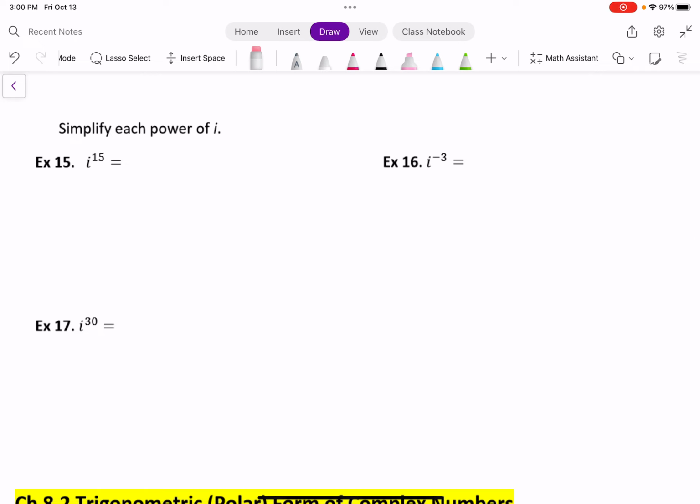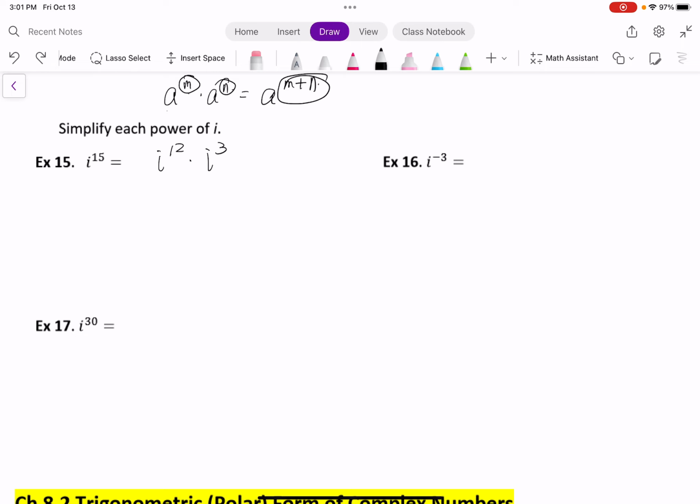Let's see the first one. i to the 15th. This is not a multiple of 4. Can you convert it to a multiple of 4? Yes, I know that i to the 12th times i cubed equals i to the 15th, because a to the m times a to the n equals a to the m plus n. Now I have m plus n is 15. I can separate the two factors, which is a to the 12 times a to the n. Why do I separate the 15 into 12 and 3?